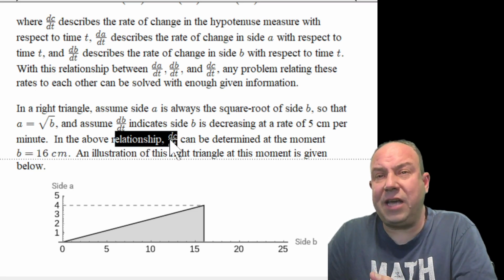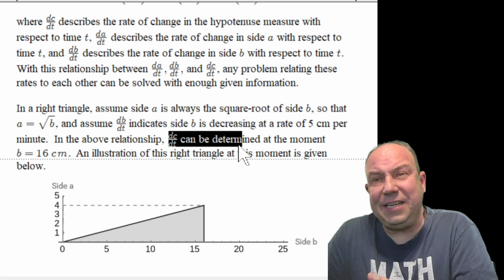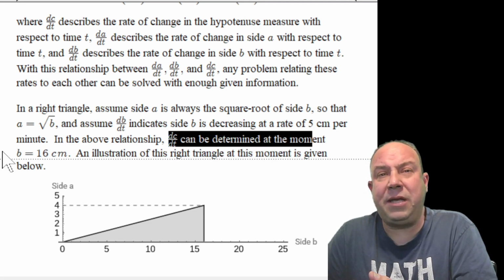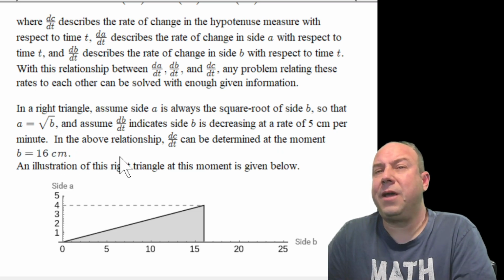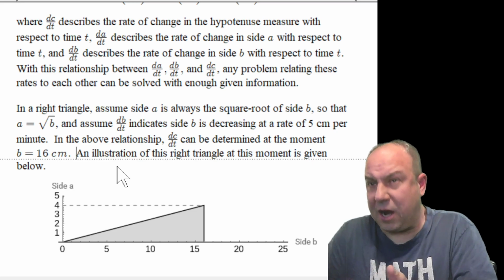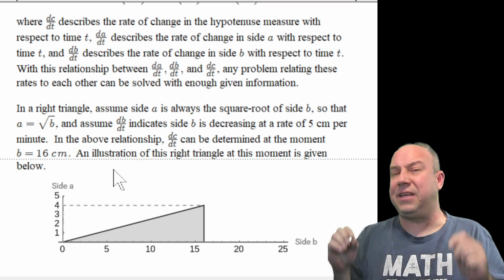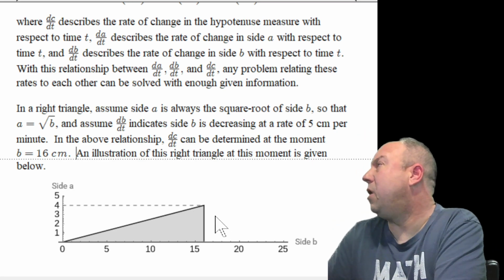In the above relationship, dC dt can be determined at the moment B is equal to 16 centimeters. And an illustration of this triangle at this moment is given below here.